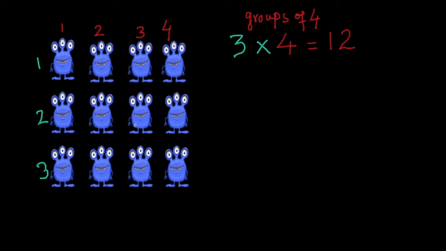In that case, we need to look at these monsters one more time. This one is going to be our first group. Let me draw. This is going to be our second group.